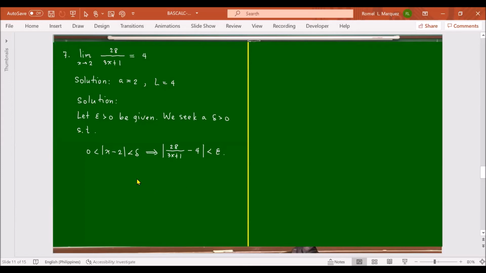Okay? So, working backward, that is, let's consider this conclusion to come up with an appropriate delta.